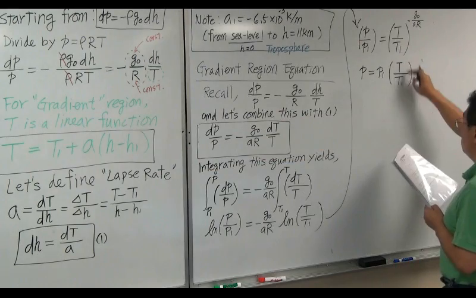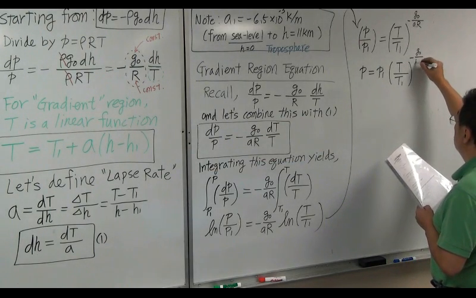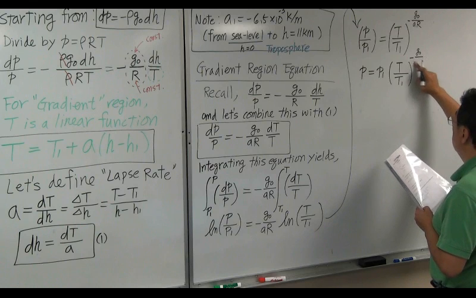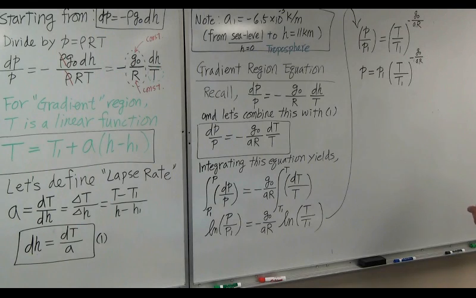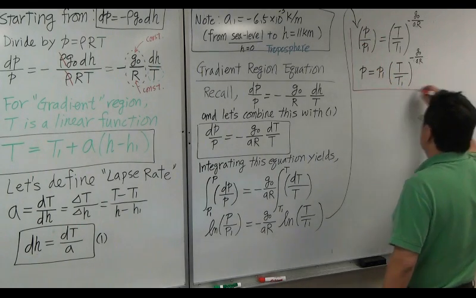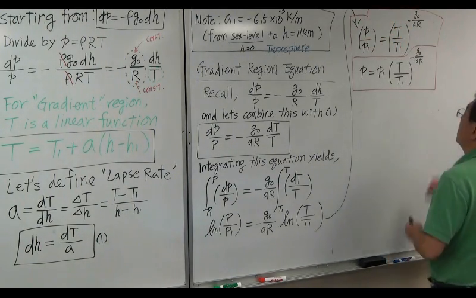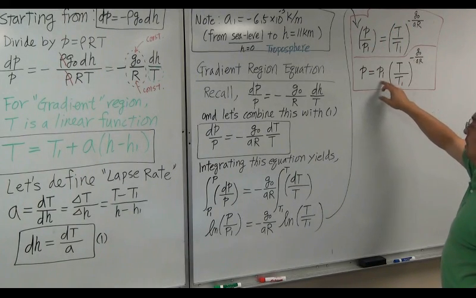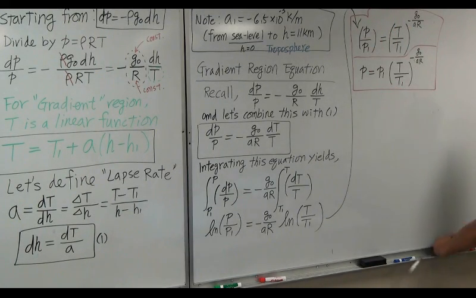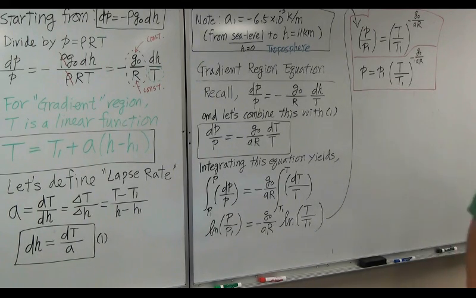So these are both known values, to the power of minus G0 over aR. Okay? Ooh, this is a very, very nice algebraic form of equation that you can use to determine pressure out of the given pressure at the base of the gradient region. So obviously you can use this equation to find the pressure at the given altitude h.